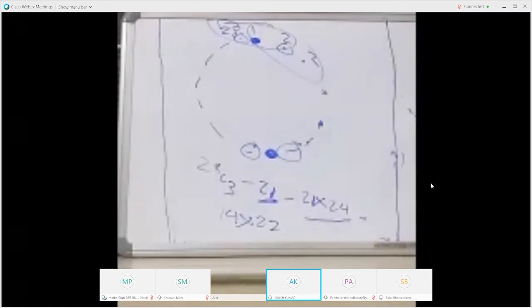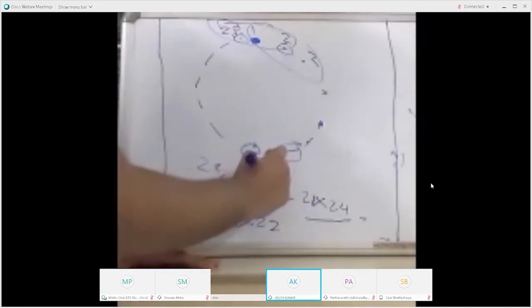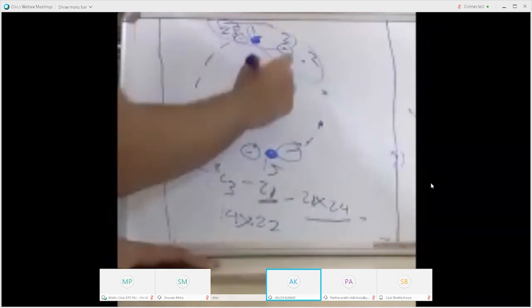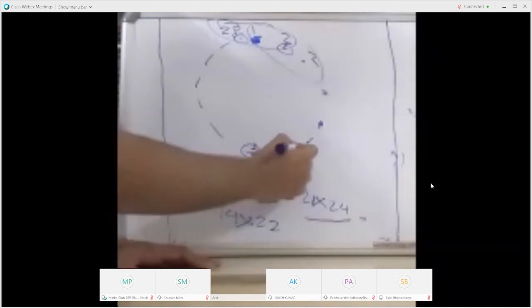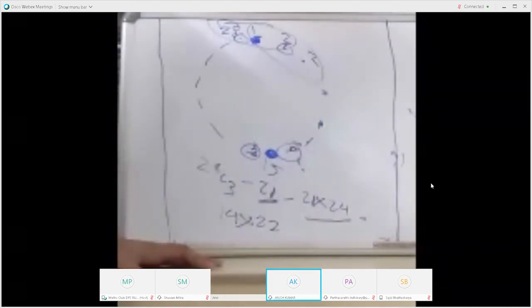Can you repeat the last one? 14 into 22, sure. So in how many ways can we select 2 points which are diametrically opposite over here? Suppose this is 15. So we could select 1 and 15, we could select 2 and 16, up to 14 and 28.